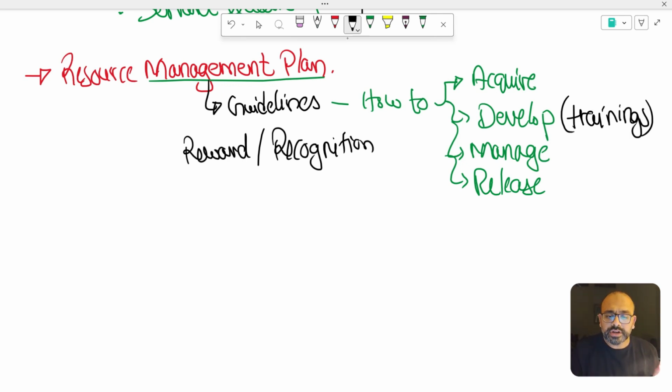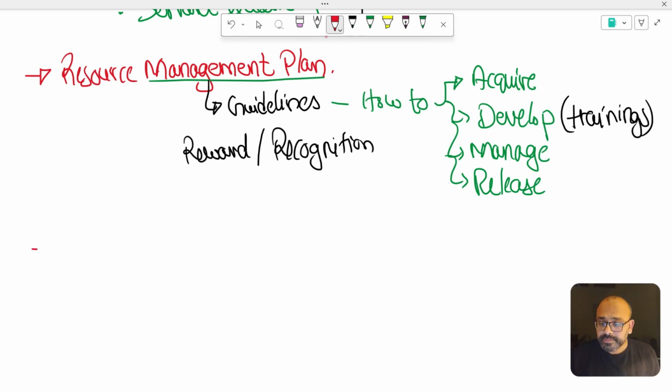So the reward and recognition system is also written in the resource management plan, along with how to acquire them, how to develop them, how to manage and sort out their conflicts, and how you are going to release the resources. That's a resource management plan. If any question comes in the exam in which you need to find out how to do all these things that I have mentioned, refer back to the resource management plan.